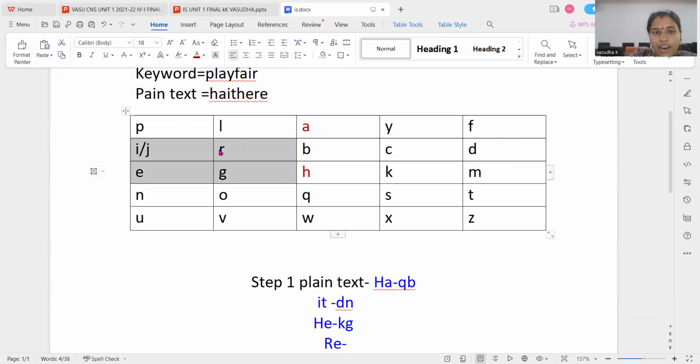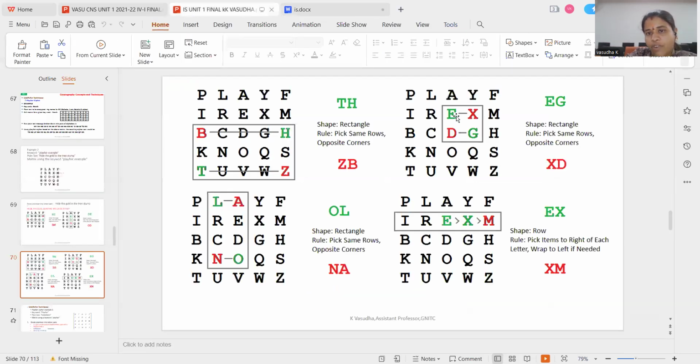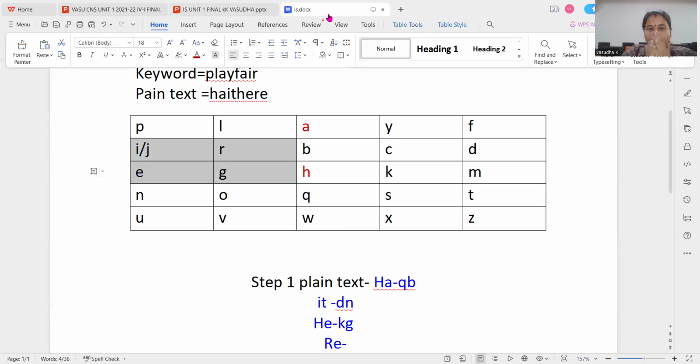For R, we need to write I or J, and for E, it is G. In the earlier small example, for E we wrote X, and for G we wrote D.